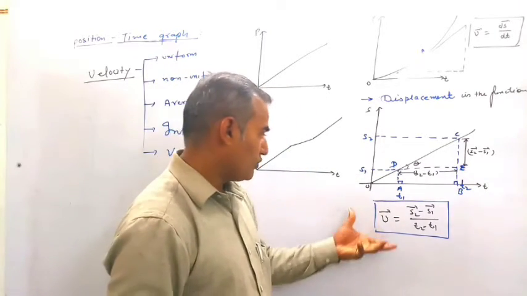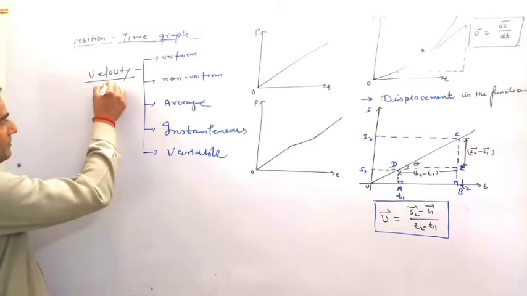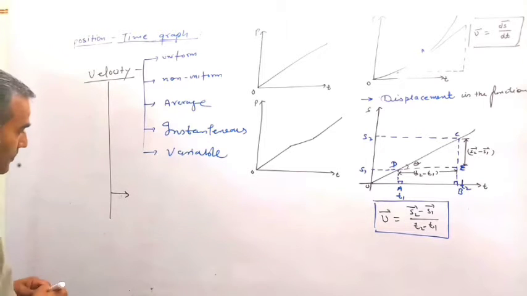Velocity has some features. What are the basic features of velocity?